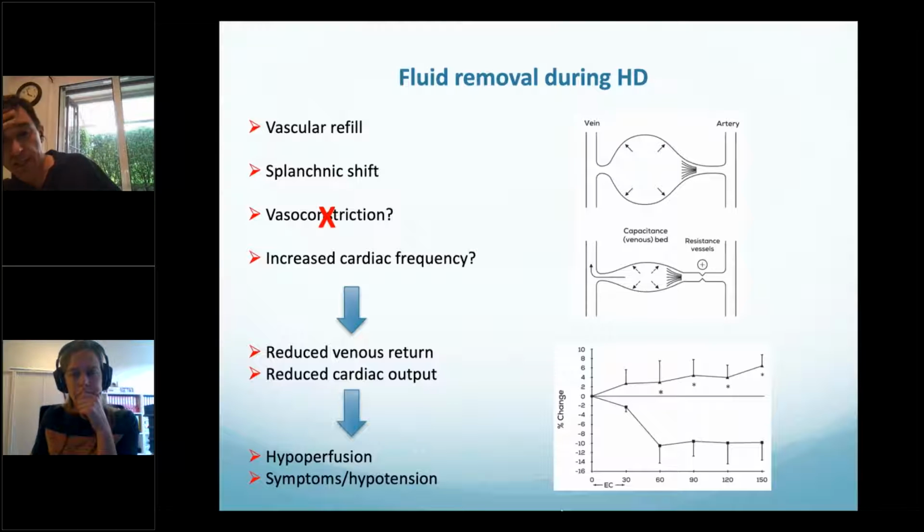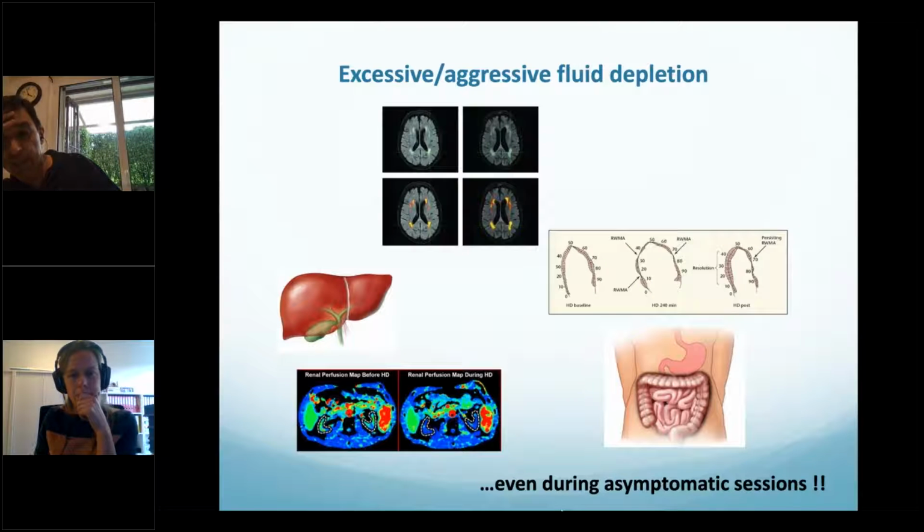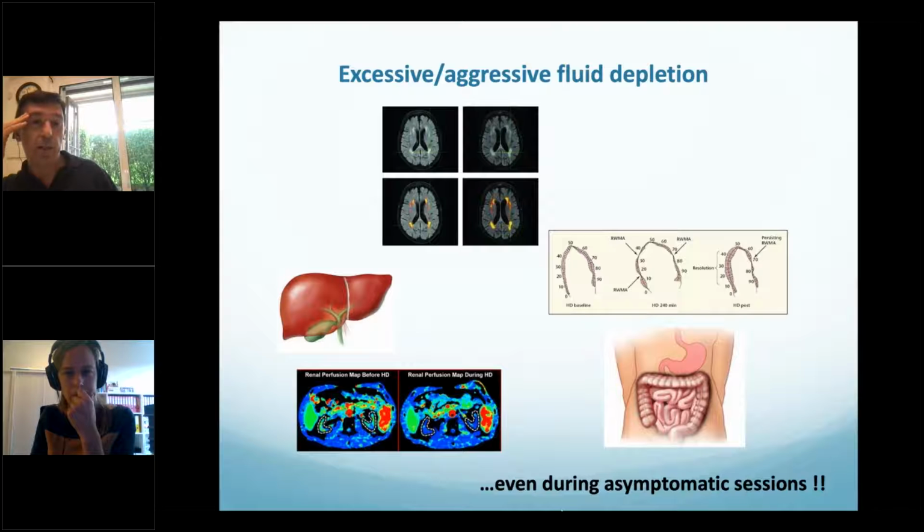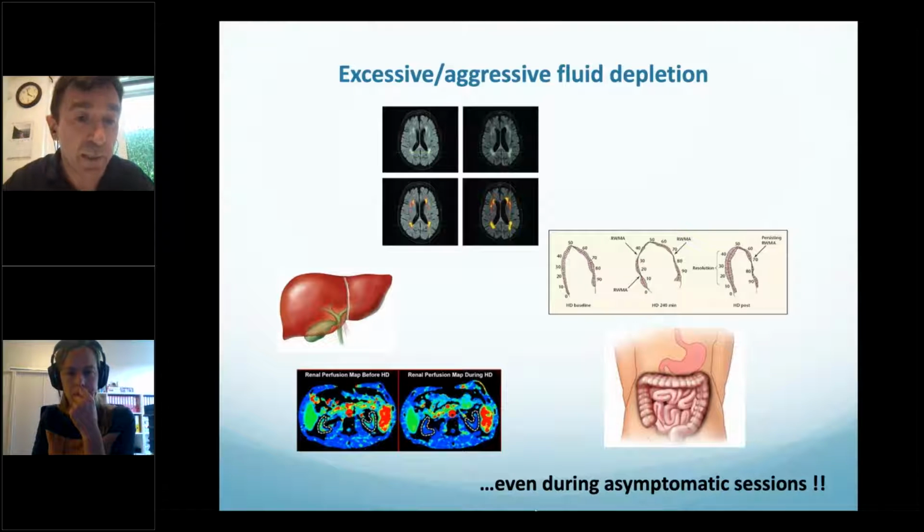But even in the case of a completely asymptomatic session, we may have significant organ hypoperfusion, which may involve the brain with even cognitive problems in the long term, the liver with possible detoxification problems, the kidneys with a loss of residual kidney function, the intestine with bacterial translocation, and of course the myocardium.